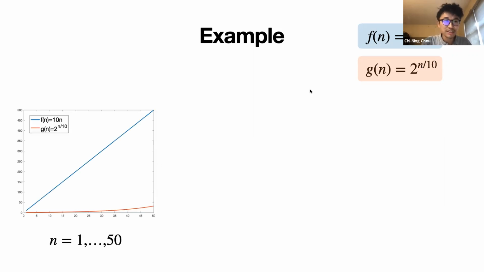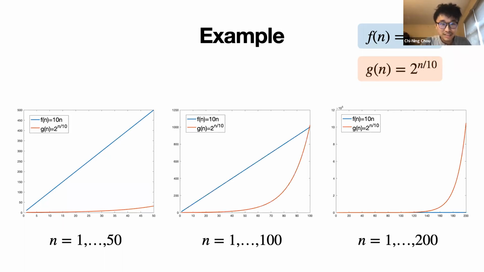If n is quite small, the first one, the blue one, F, actually costs much more time. But when you make the input much larger, in the end the orange one, the second function G, surpasses the first one.